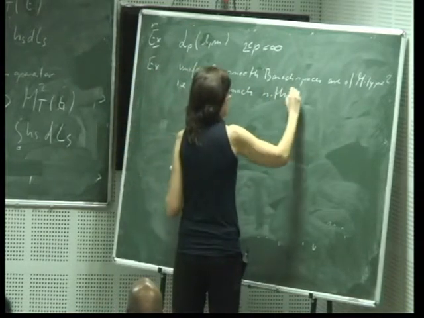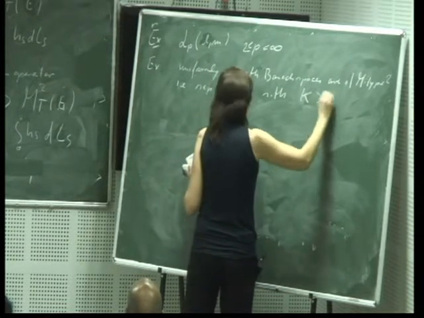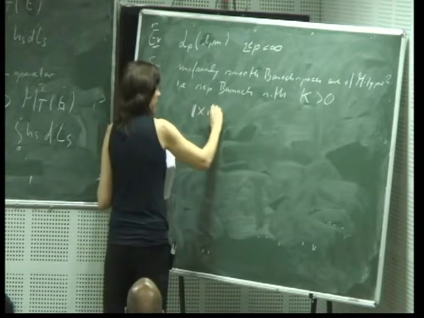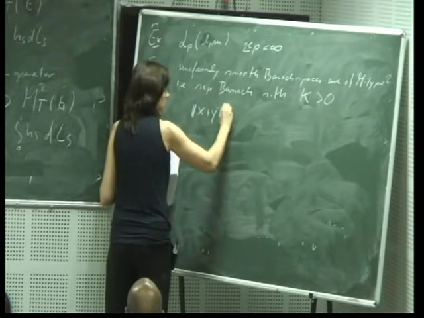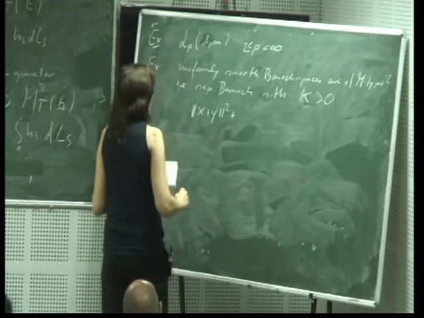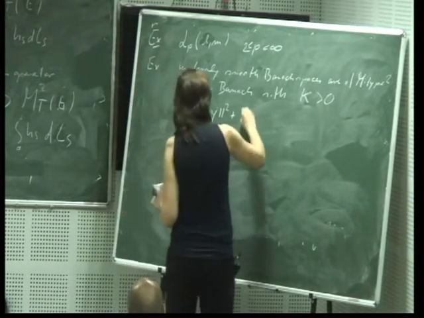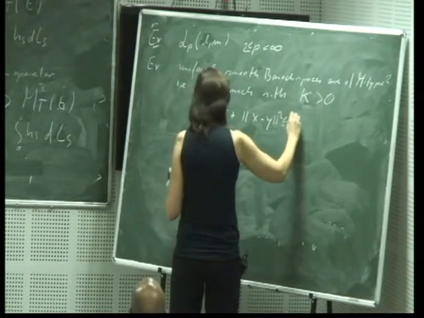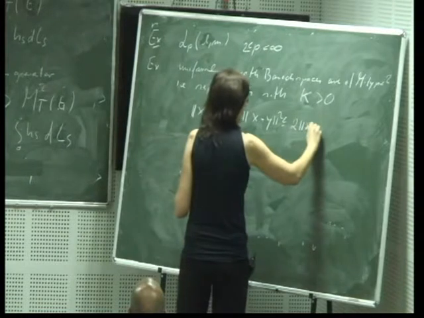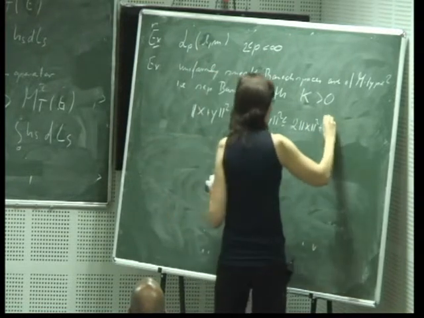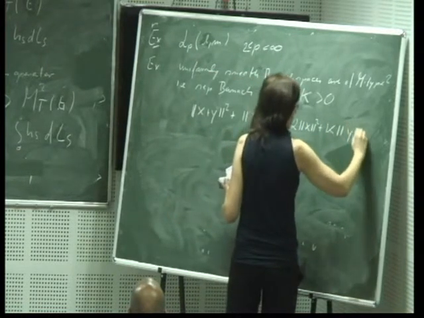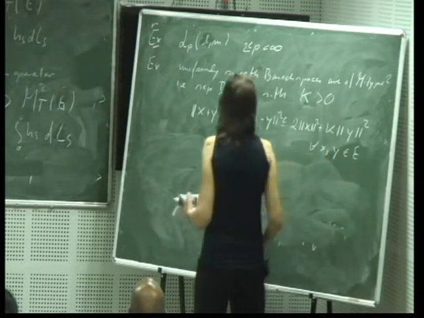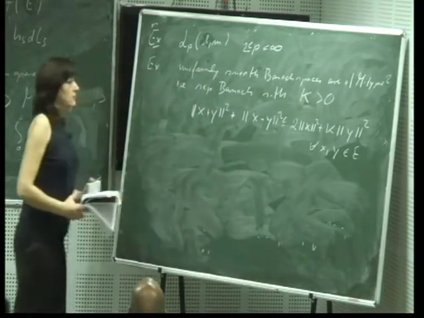There exists a constant K such that, now the inequality is not given in terms of probability but in terms of geometry, the norm of x plus y squared plus the norm of x minus y squared is less than or equal to 2 times the norm of x squared plus K times the norm of y squared, for each x, y in E. So this is a characterization given in terms of geometry.